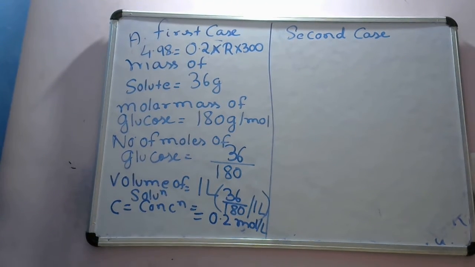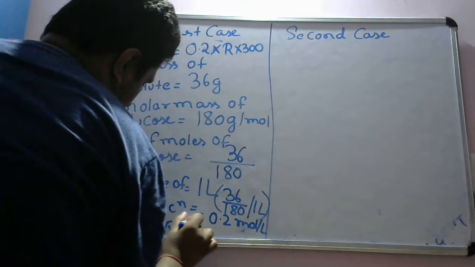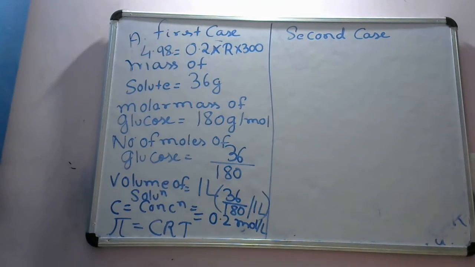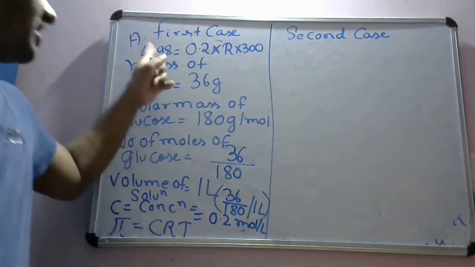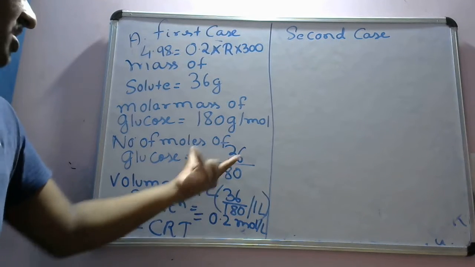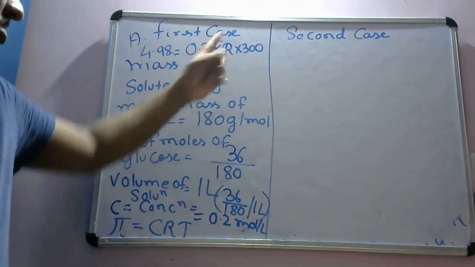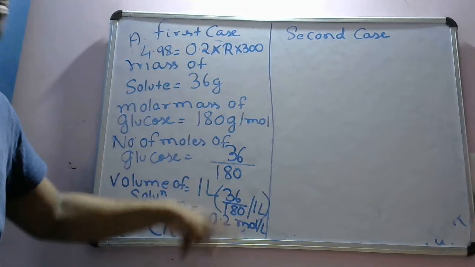Because in the first case the osmotic pressure is given to us. So simply we substituted in pi equal to CRT the pi value given to us, 4.98 bar. Concentration or molarity we calculated, number of moles by volume, that is 0.2 moles per liter, or 0.2 molar also you can say.